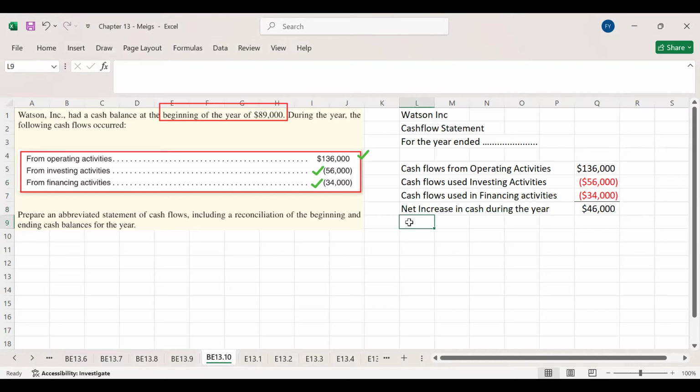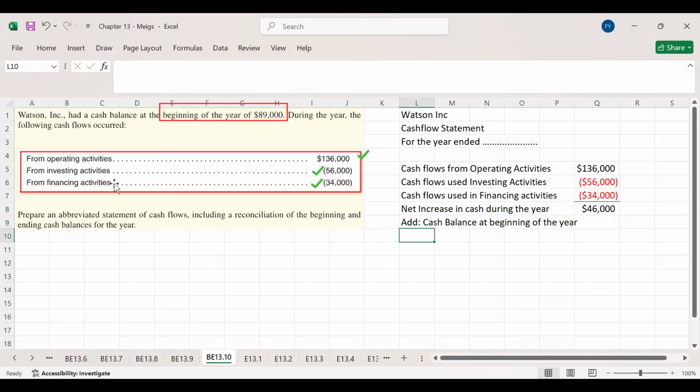And then we will add cash balance at the start of the year, or you can say cash balance at the beginning of the year.